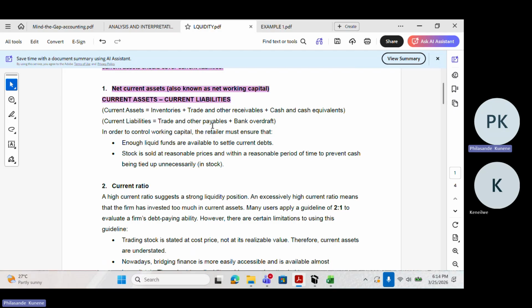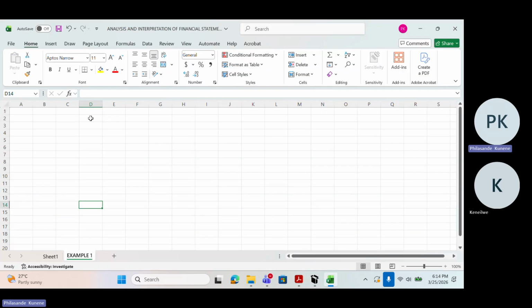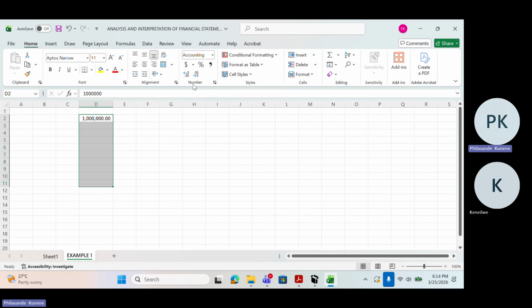So all the time, if I have 100,000 as my current assets, I need to have 60,000 rand as my current liabilities. All the time. If I have 100,000 current assets, I need to have 60,000 current liabilities.